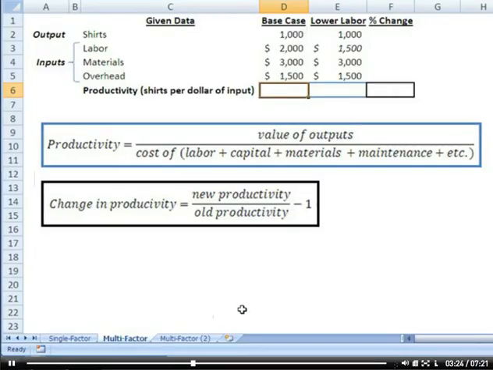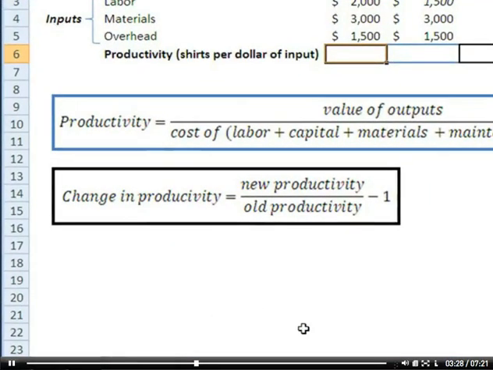Now, it may seem a little more complicated than it is, but if you keep focused on the basic equation for productivity, value of outputs divided by the value of the inputs, or the cost of the inputs, you should be fine. In this case, our outputs are measured in number of shirts produced, not the dollar value of the shirts, but just simply the units. But our inputs are measured in the dollar value of those units.